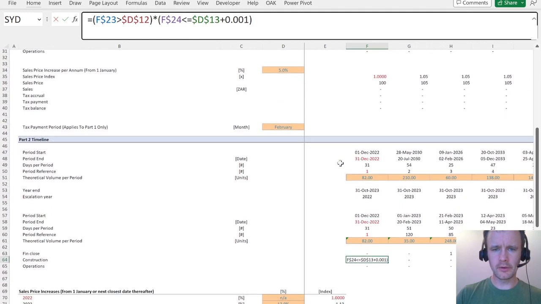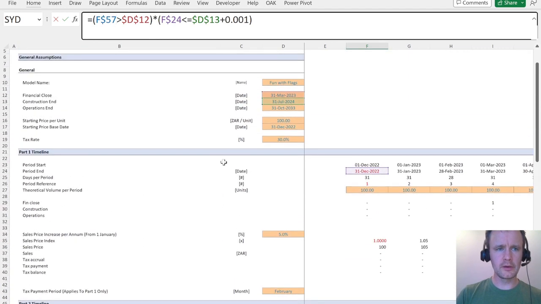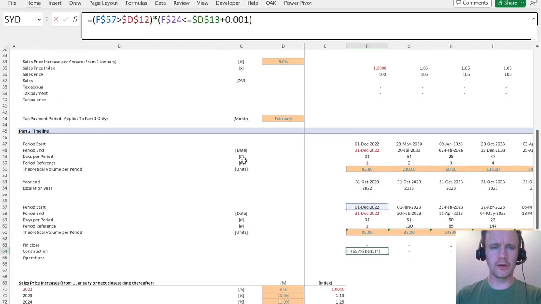All right, so this one that was 23 should now be 57. If the start date is greater than financial close, then we are in operations. No, I need if the end date. If the end date is equal to financial close, we are not in operations. But if the end date is greater than financial close, then yes. So financial close is the day before the end of the period. Then we have 1 day of operations in the period. So my operations flag should be yes.